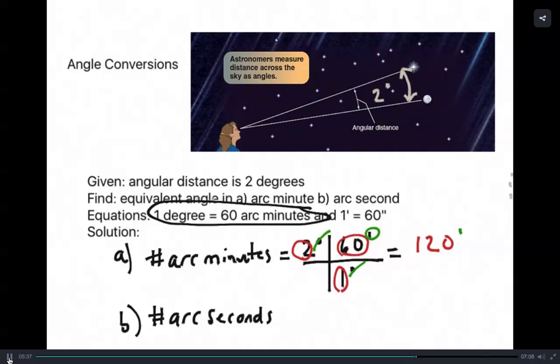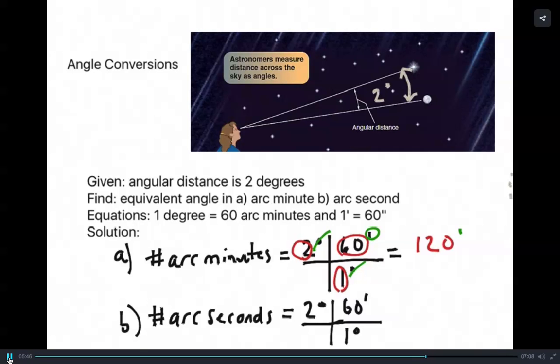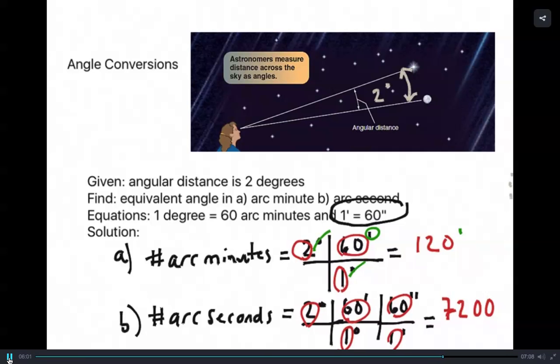Now let's solve for the number of arc seconds. Once again, we start with our 2 degrees and we build our railroad track. We keep our 1 degree is equal to 60 arc minutes, and we're going to add on a railroad track for the conversion of 1 arc minute to 60 arc seconds. And so let's solve. 2 times 60 times 60 divided by 1 is equal to 7,200.